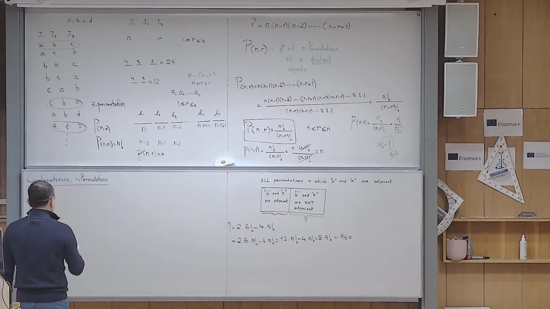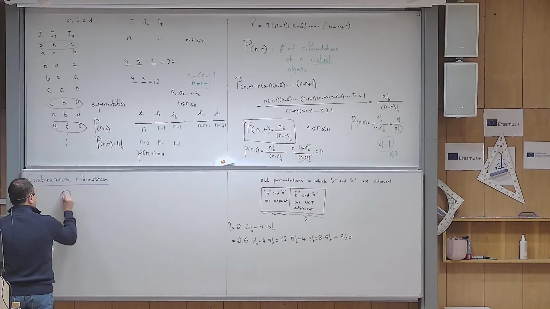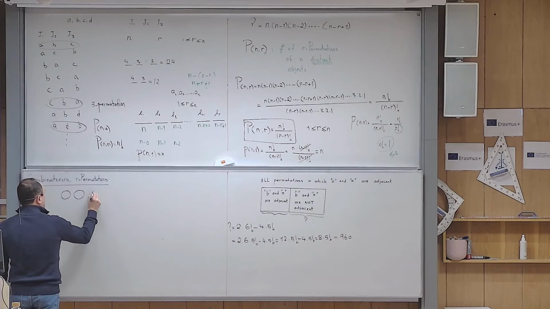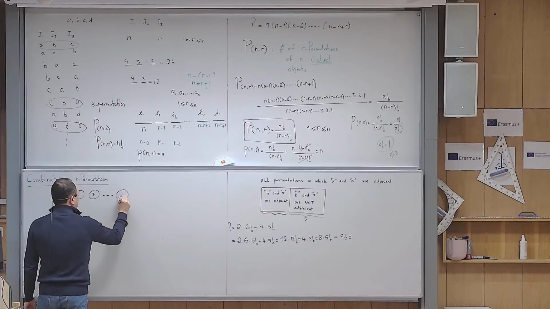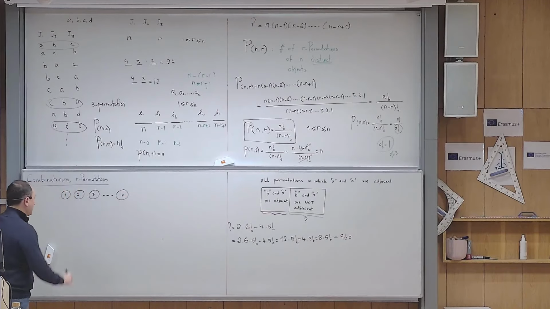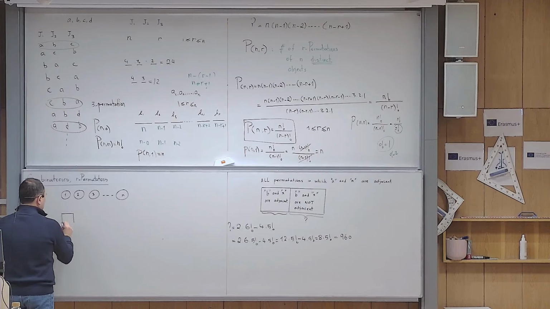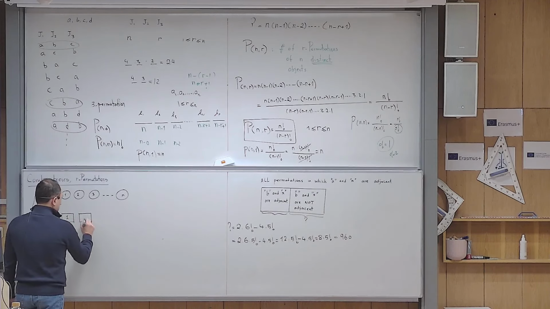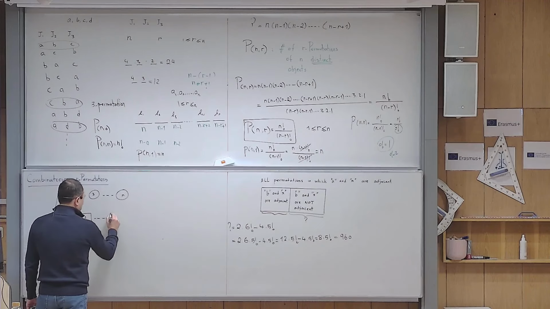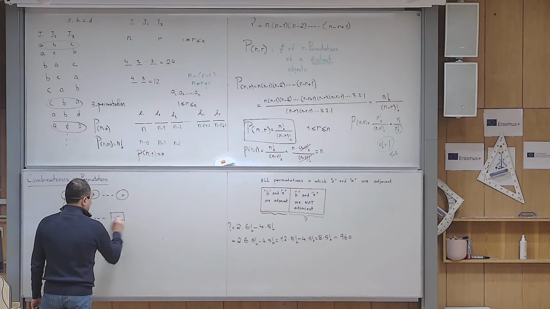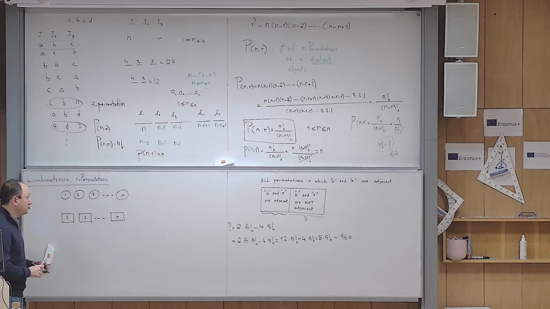Let us say that I have n marbles labeled 1, 2, 3 up to n, but I have only r boxes. The boxes are also labeled. This is an abstract model to have in mind.